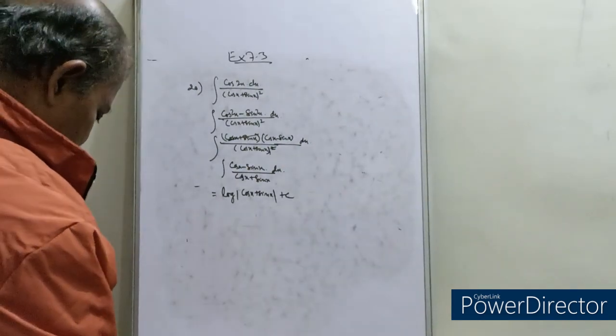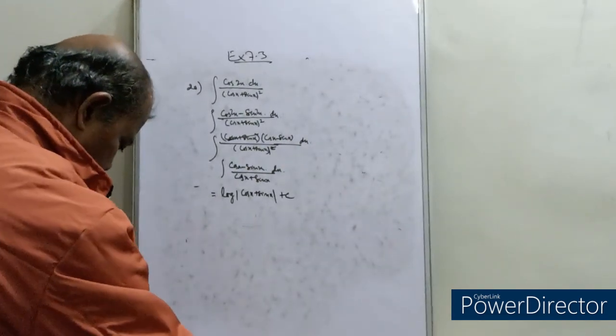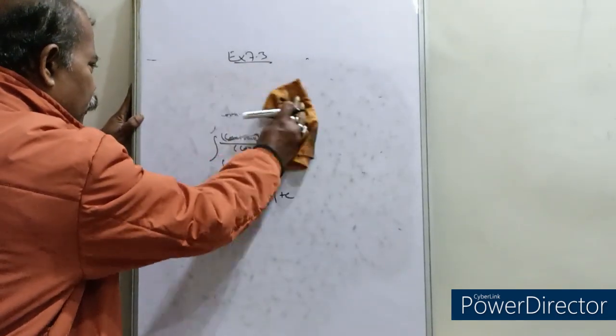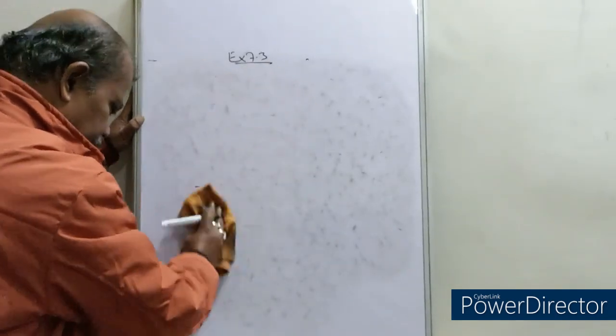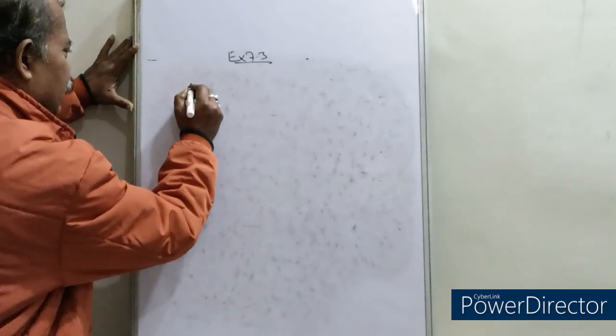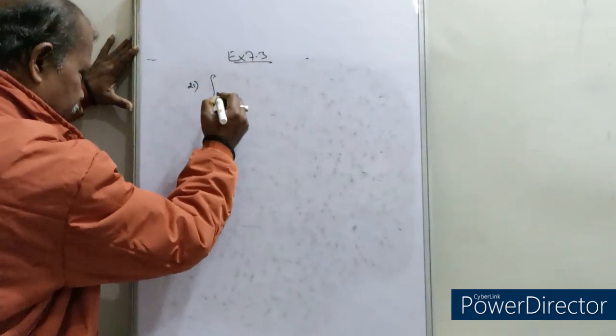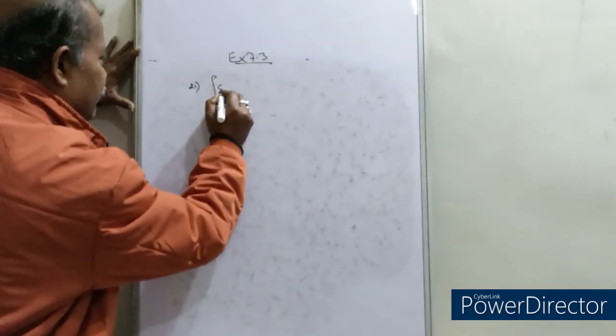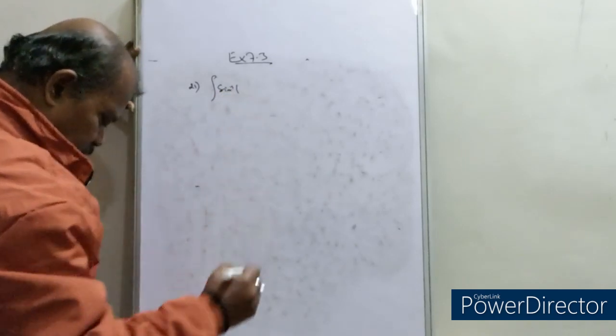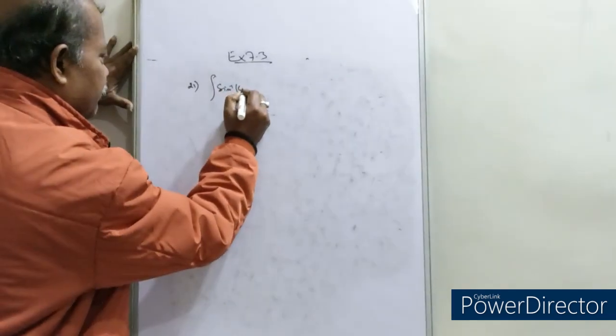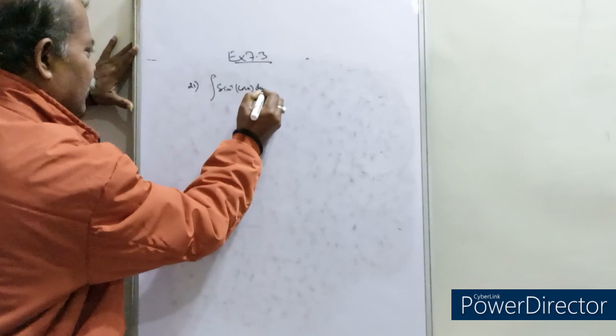Now I am going to question number 21. Question number 21, that is integration of sine inverse cos x dx. So how to solve this question? Sine inverse cos x.